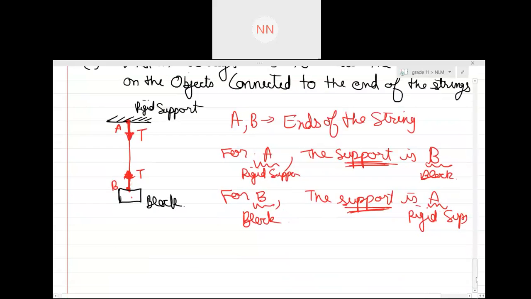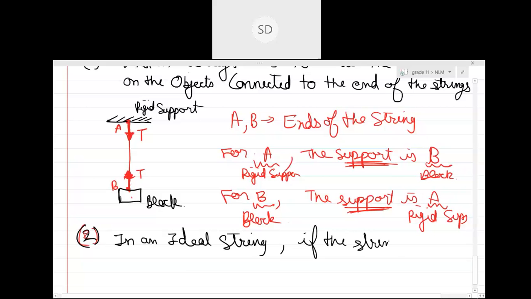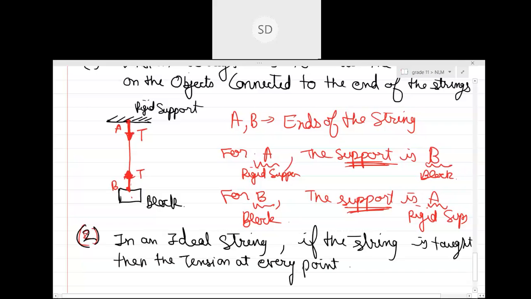The second rule is: in an ideal string, if the string is taut, then the tension at every point on the string is constant.